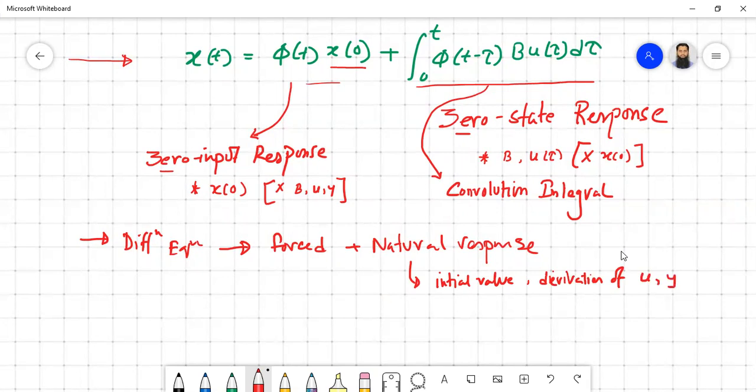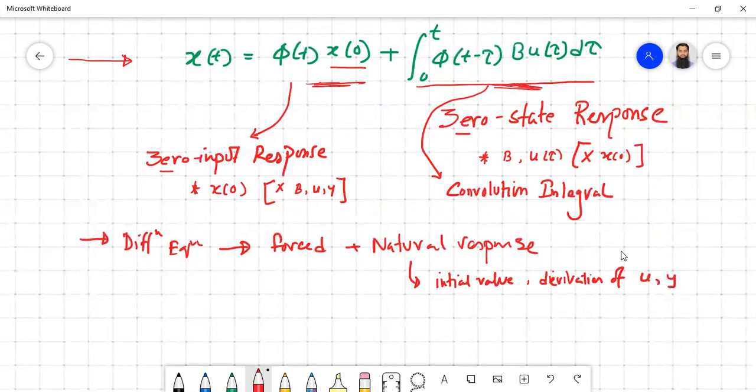But this is not the same as the two responses that we get from the solution of the state equation. This one only depends on x0, this one depends only on the input. So that is kind of different.